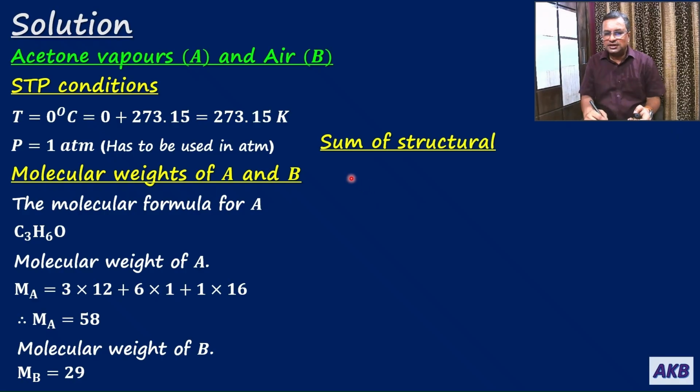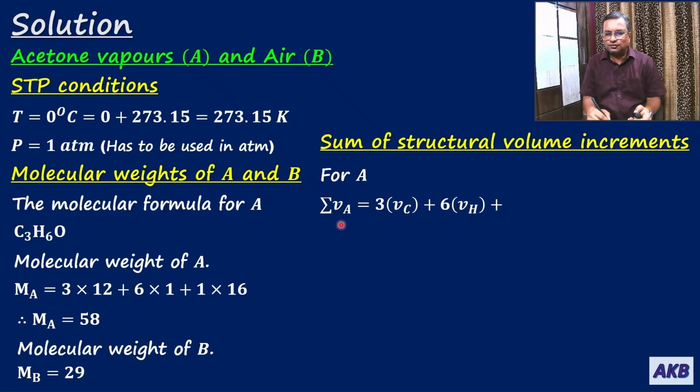Now we need sum of structural volume increments. So we will find those. For A, summation of VA will be 3 atoms of carbon into atomic volume of carbon, plus 6 atoms of hydrogen into atomic volume of hydrogen, plus 1 atom of oxygen into atomic volume of oxygen.